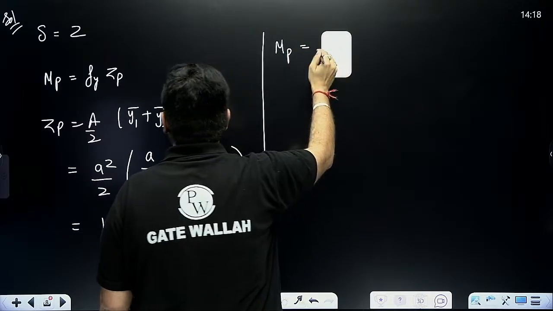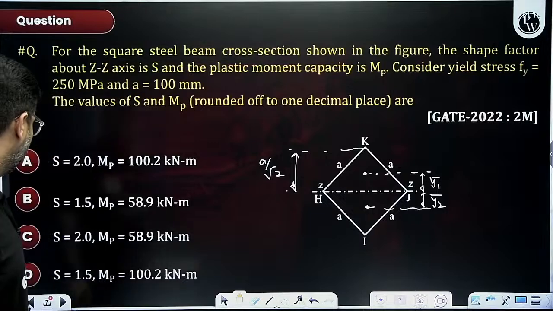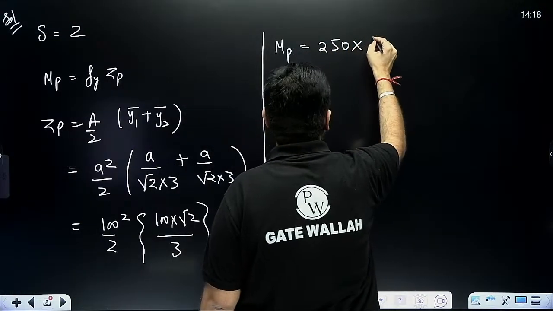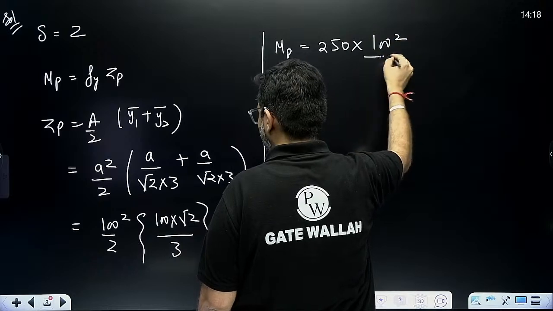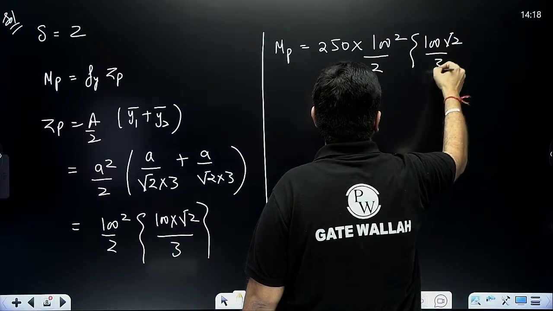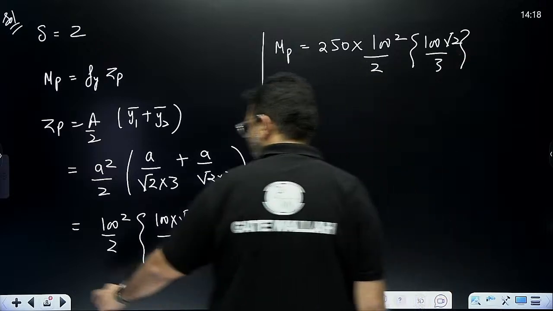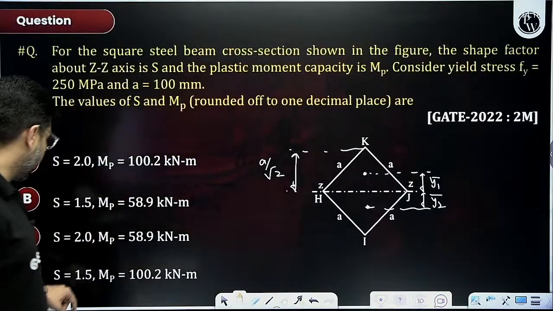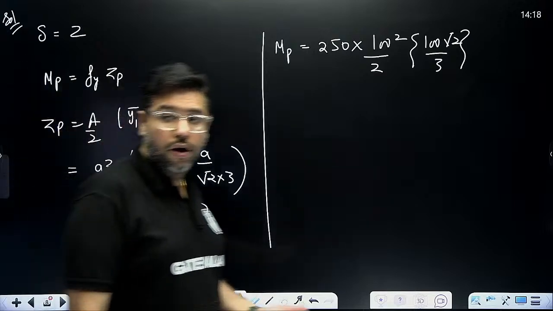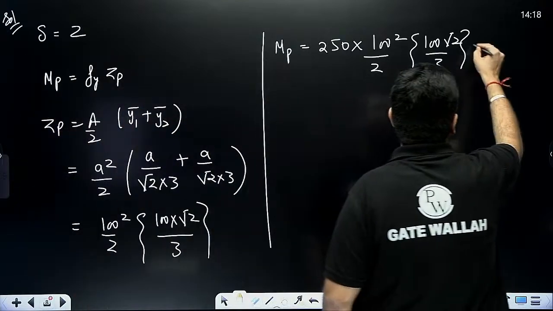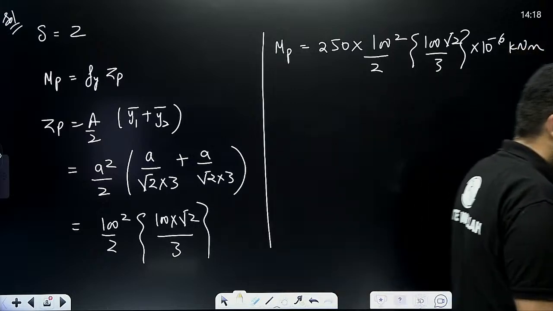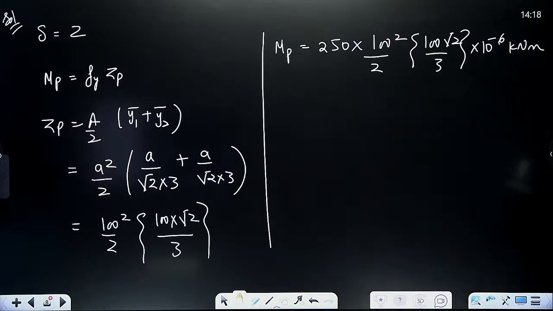Fy is how much? 250 MPa. 250 into 100 square by 2 into 100 root 2 by 3. Any problem till here? This will come out in Newton mm. Convert this into kilonewton meter by just multiplying it by 10 to the power minus 6. So just tell me the answer, how much you got.